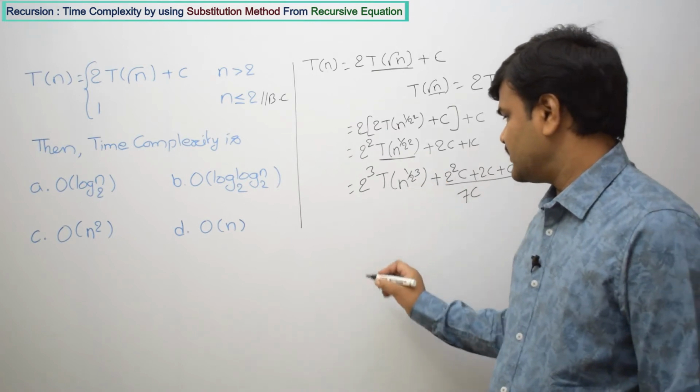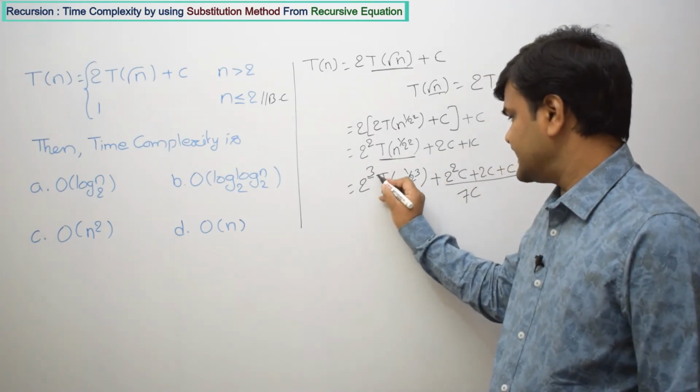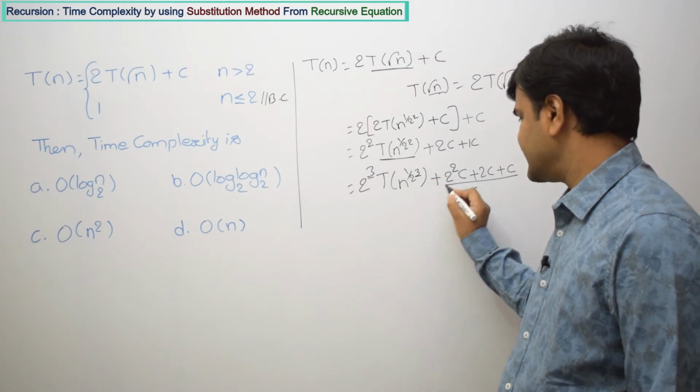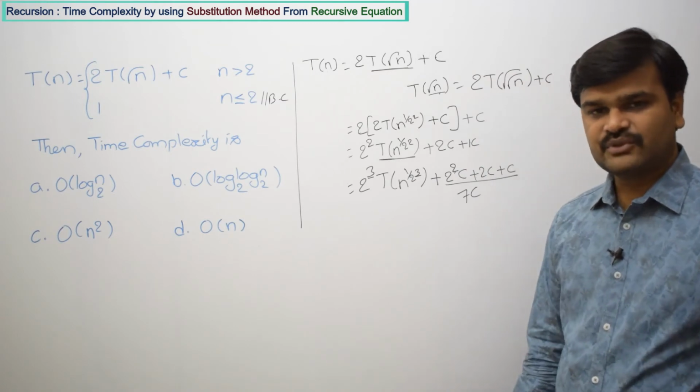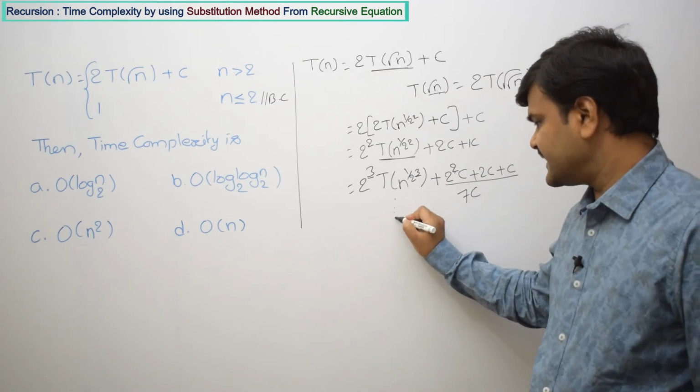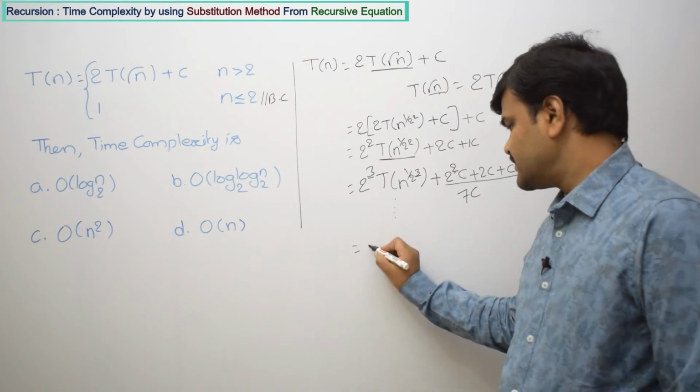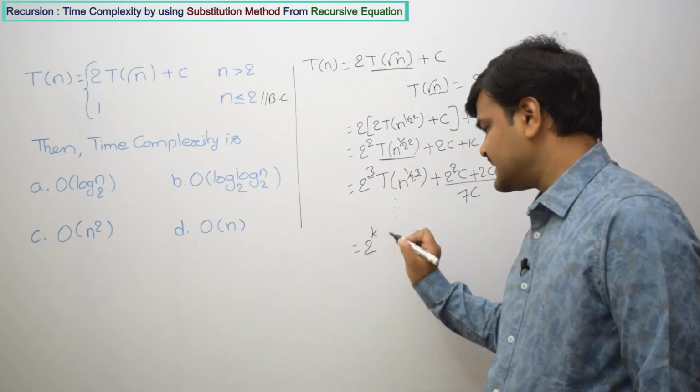Now if you observe here, the power is 3, and here the sum goes up to 3 minus 1, that means up to 2. In this way if you continue, assume that we are at the kth recursive call.